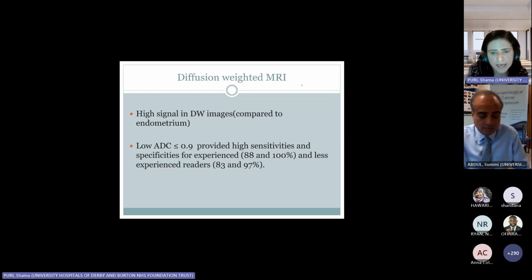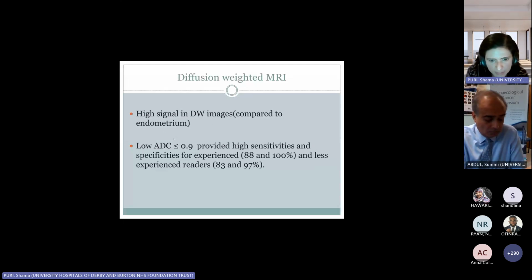And also they have made the criteria very specific. So it's not just high signal. You have to compare to the endometrium. And if the endometrium is not visible, to the lymph nodes, and if it's higher than that, only then you say that it's restricted, not just high, it has to be higher than endometrium.